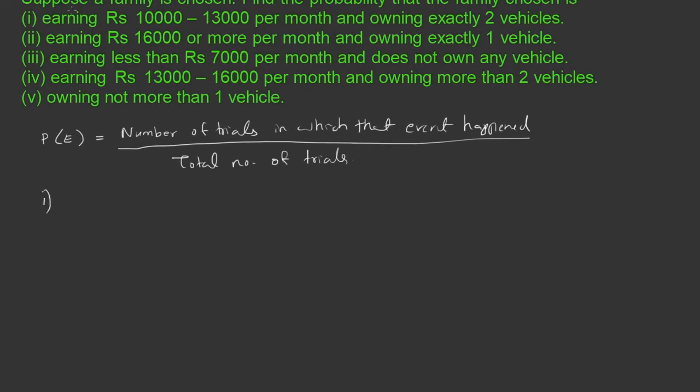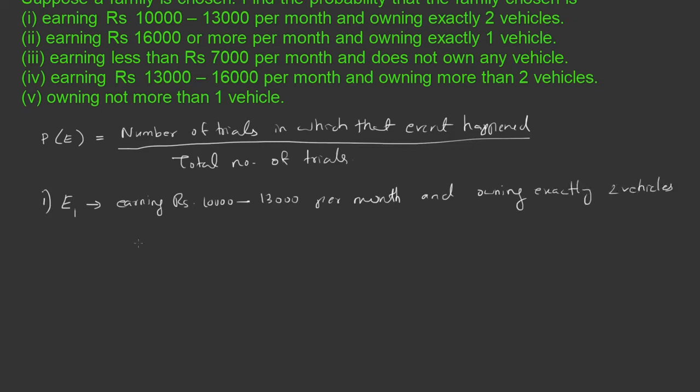First question, earning rupees 10,000 to 13,000 per month and owning exactly 2 vehicles. So, the event I take here, E1, is earning rupees 10,000 to 13,000 per month and owning exactly 2 vehicles. So, the probability of E1 is equal to the number of trials in which that event happened.